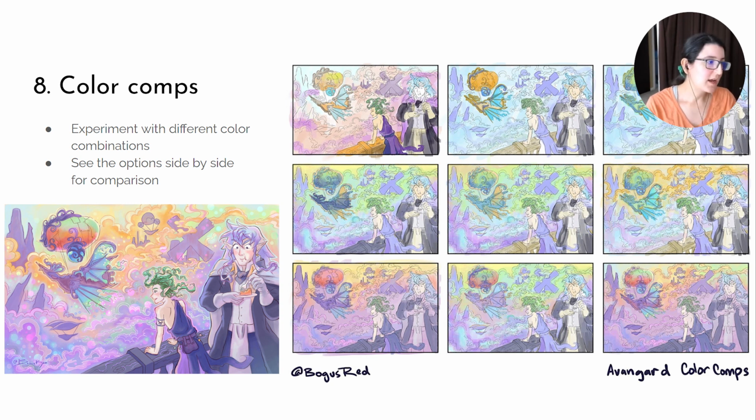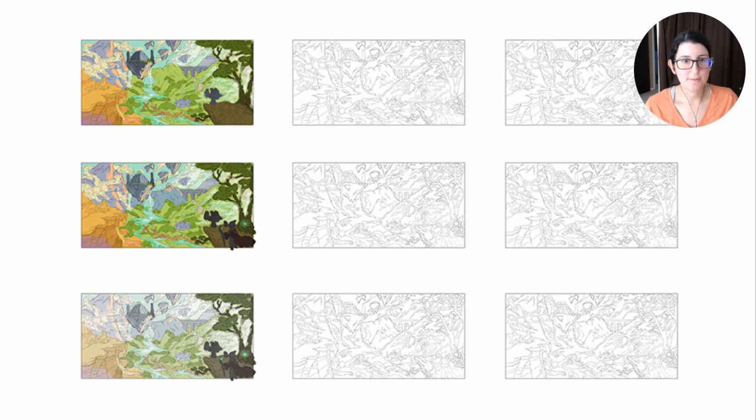So this way, you're spending very little time on each color comp, maybe 10 minutes, just to see if you can get colors that work together. And you can compare them to different options. You can see them all at once in front of you, and then make a decision about which one is the color comp that you want to go with.